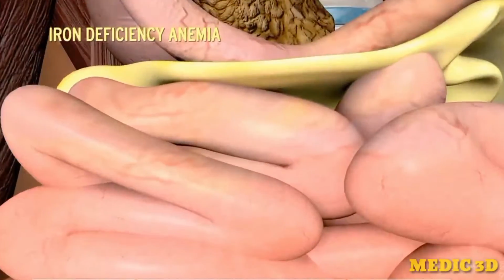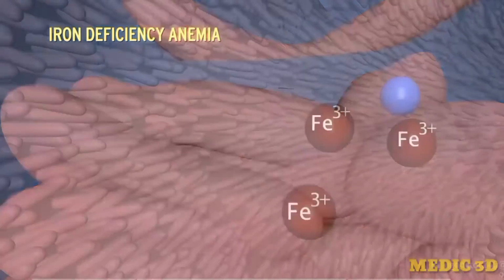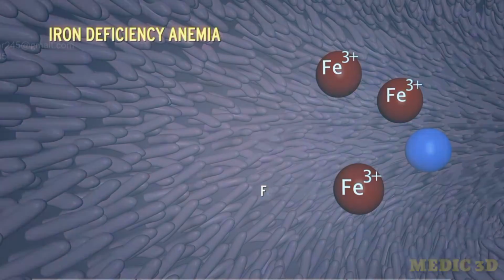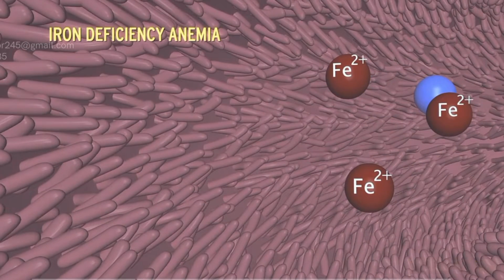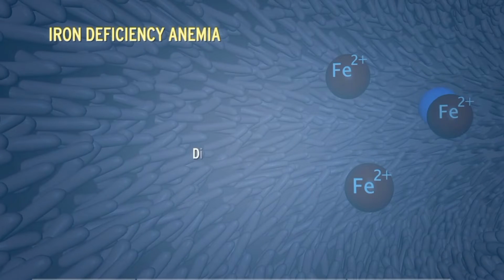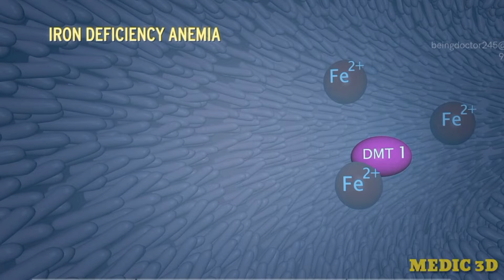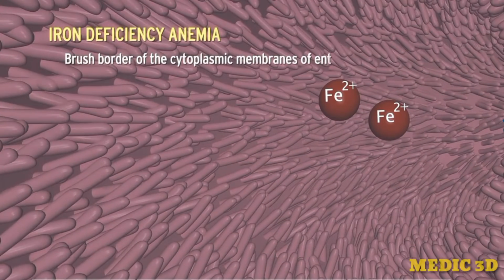Iron is absorbed from duodenum and proximal jejunum. Iron in non-heme form is to be reduced from ferric to ferrous form. This is accomplished by ferrireductases. Divalent metal transporter 1 helps ferrous iron to be transported across the brush border of the cytoplasmic membranes of enterocytes.